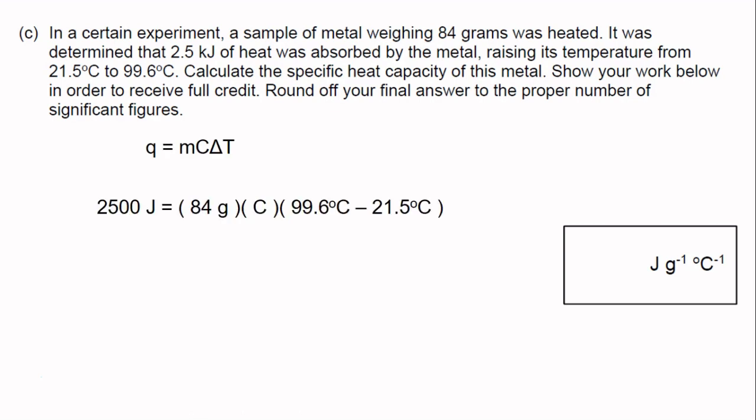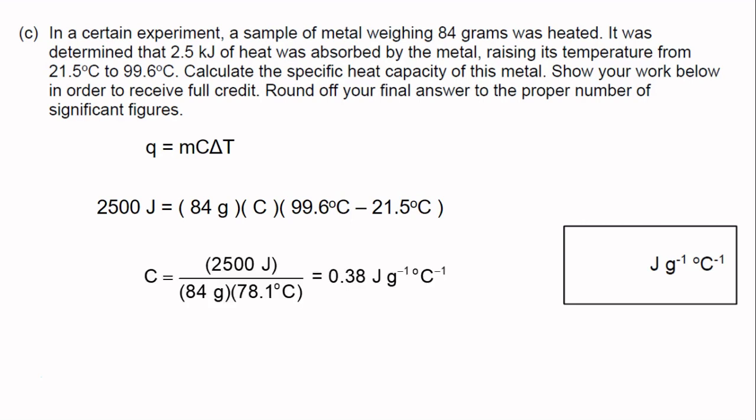The mass is 84 grams. And the delta T, the change in temperature, 99.6 minus 21.5, that's a difference of 78.1 degrees Celsius. When we rearrange the equation and solve for the specific heat capacity, we get 0.38 joules per gram degree Celsius.